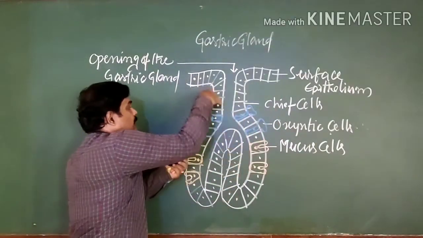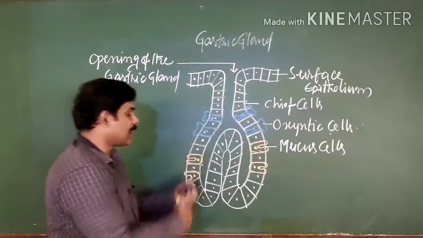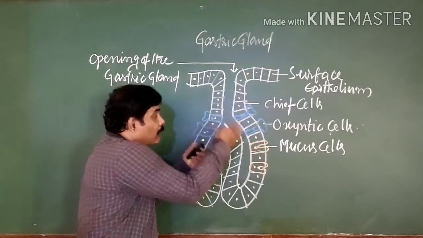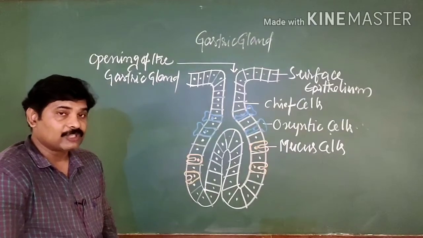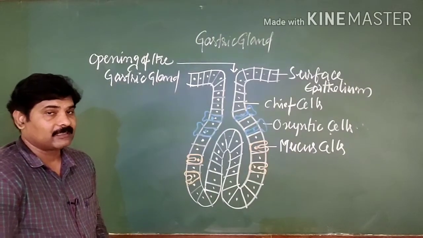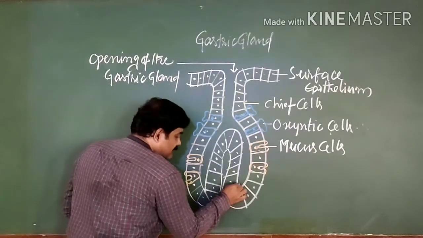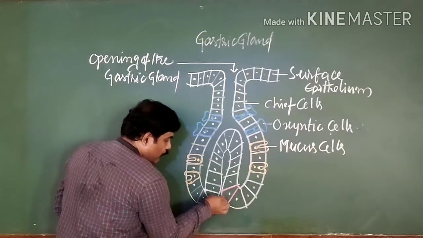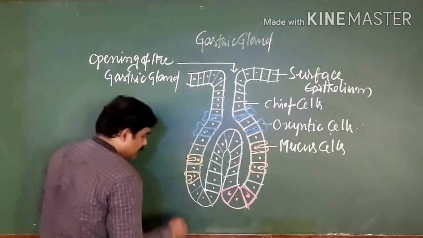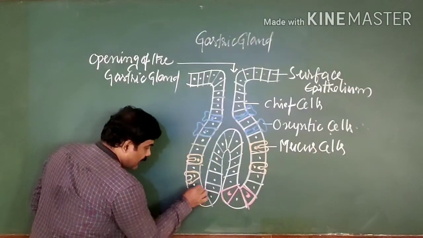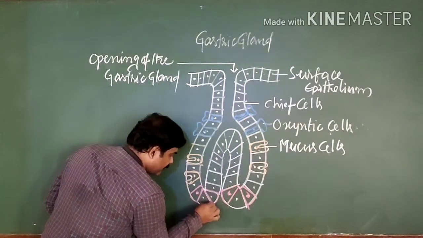And all these cells are present in this gland, that is the gastric gland. Apart from these three varieties of cells present within that, you can see two more important cells also present. They are known as endocrine cells. Here you can find one endocrine cell. They are all present at the bottom of the gland.